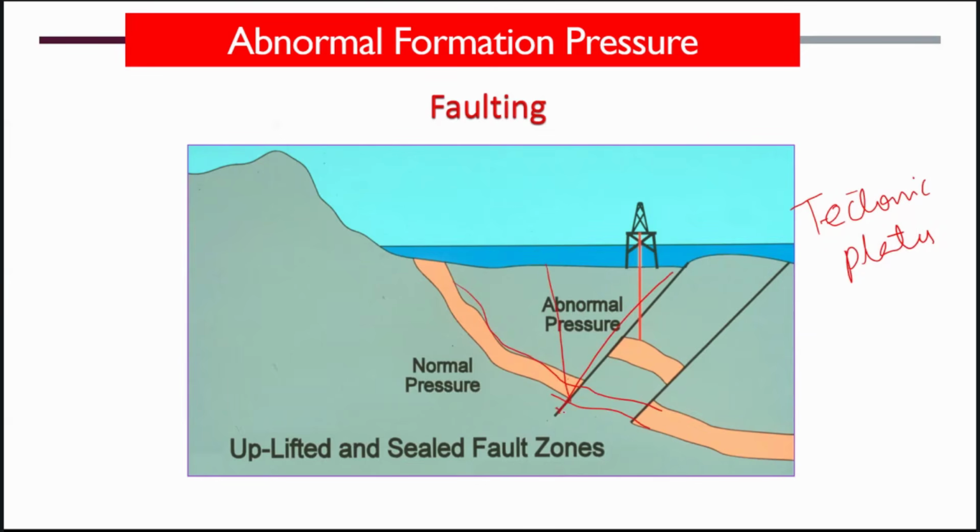Suppose at a depth of 2000 feet this pressure was normal. But when it shifts to a depth of 1000 feet, it contains the same pressure it had at 2000. So it will have higher pressure than what we expected at 1000 feet. So due to faulting also we get abnormal pressure.